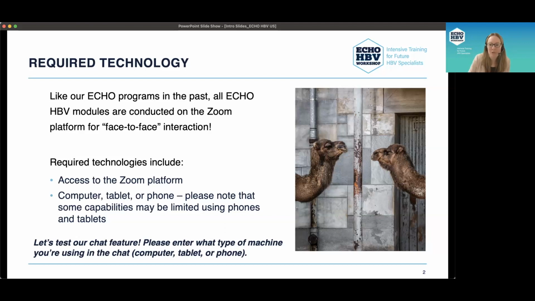So I'm sure most of you are very familiar with Zoom the past few years, but if you would click on the meeting chat and just type what type of machine you're using. Are you using a computer, a tablet, or a phone, just so that we can get a feel and make sure that everyone knows how to use the chat. All right, I'll give everyone another second as I move along.